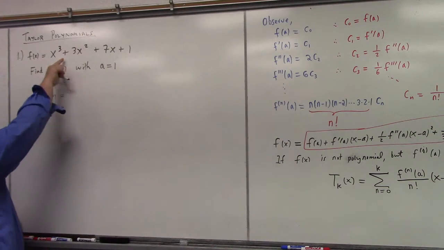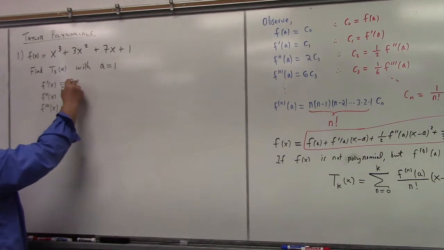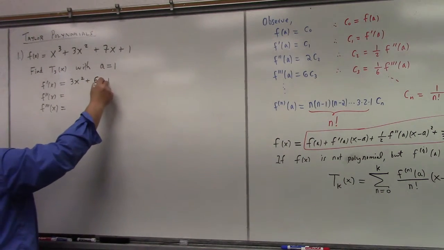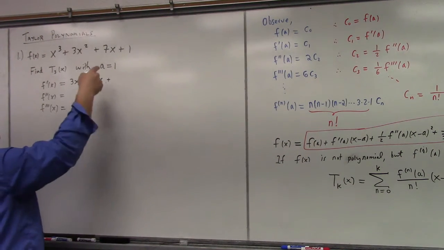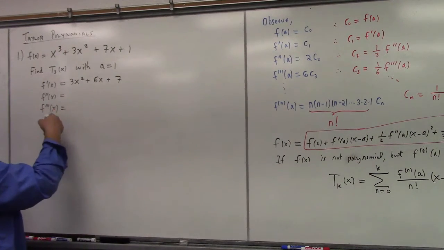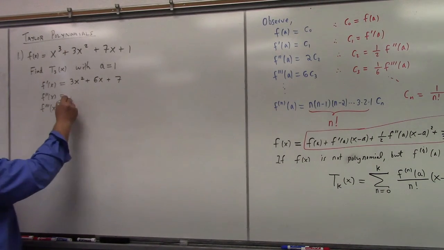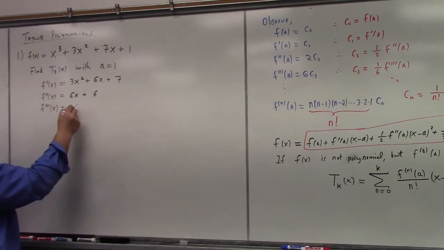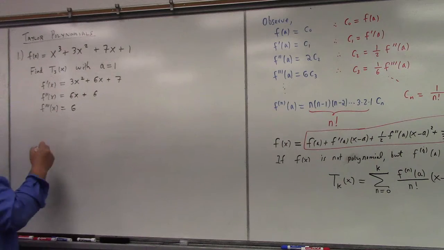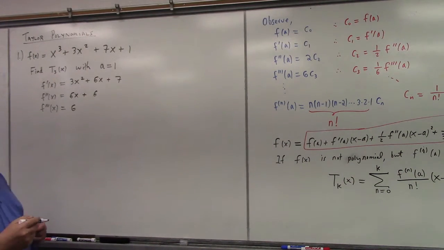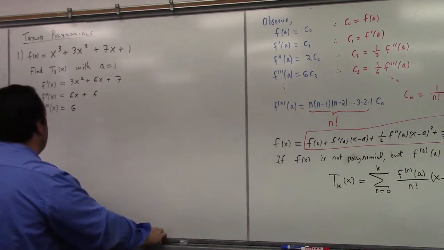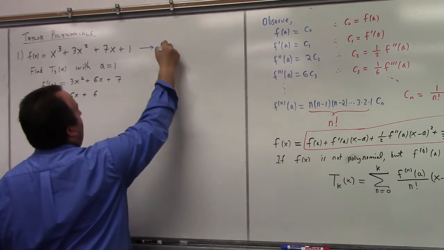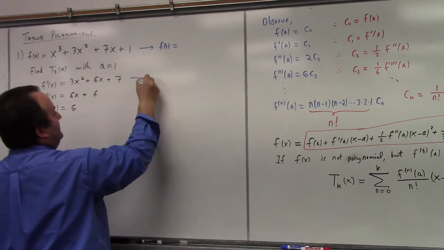So we got what? 3x squared plus 6x, plus what? 7. Plus 7, yeah. And then the second derivative? 6x plus 6. All right. Third derivative? Just 6, right? Okay. So what's f of 1 equal to? What's f prime of 1 equal to?